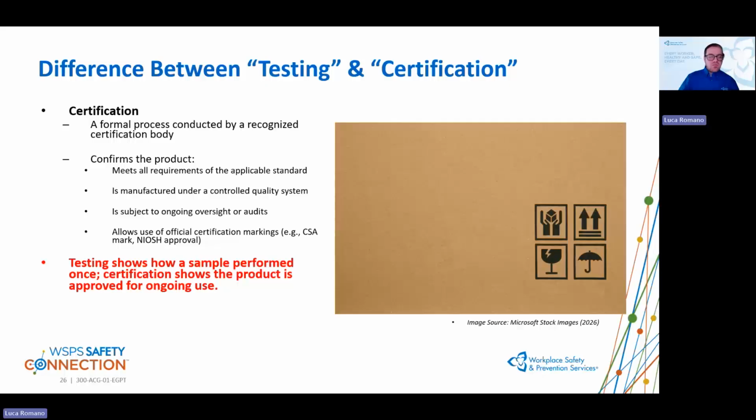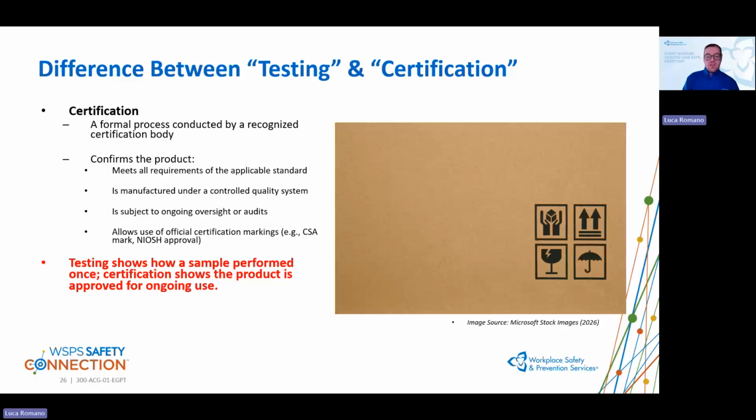I kind of mentioned this right now, but certification for the most part is obviously different, and it often involves a formal process, and it's usually conducted by a recognized certification body. What they do, for the most part, is make sure that a whole bunch of different requirements are being met based on applicable standards. Oftentimes, these types of materials are manufactured under controlled quality systems, and there's ongoing oversight or audits that take place.